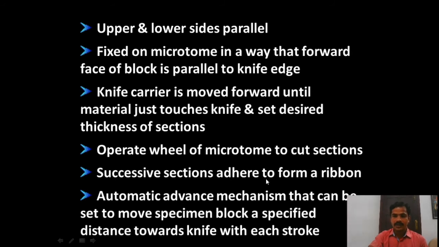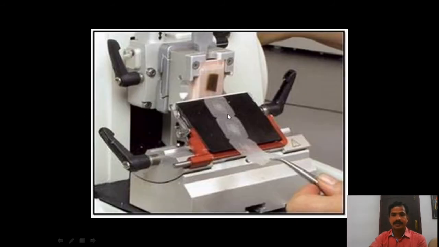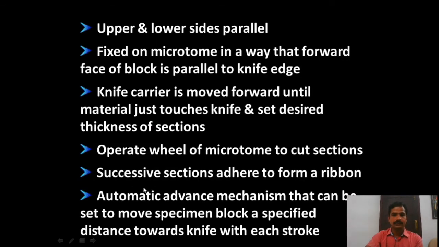By the friction of the knife on the wax block, a small temperature may be created, and due to that temperature the wax may melt, and that results in sticking of successive sections. So the result will be a ribbon of wax containing specimens.